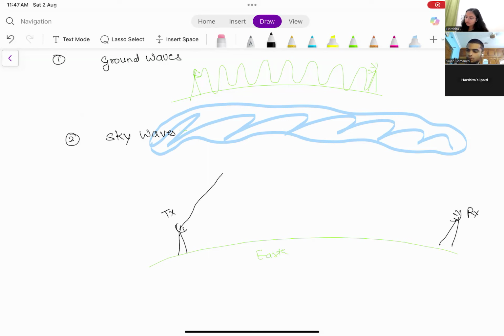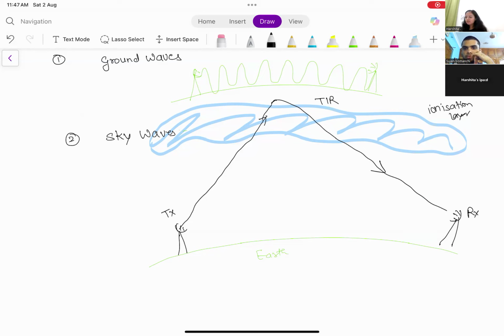I will send this wave into the sky. It will reach the ionization layer, which is the ionosphere. The ionosphere basically has ions in it. These ions will reflect back this wave. There will be a total internal refraction. Right? This is how you will get these waves.